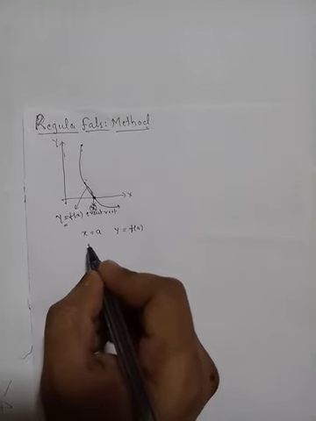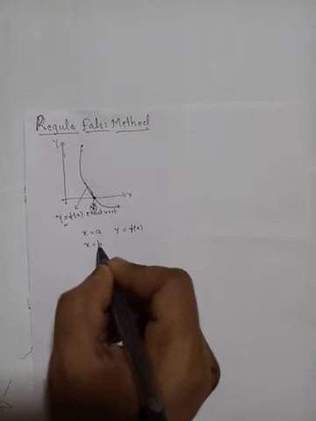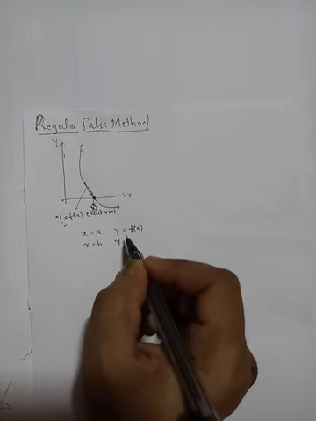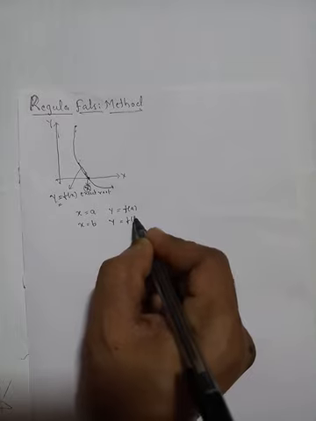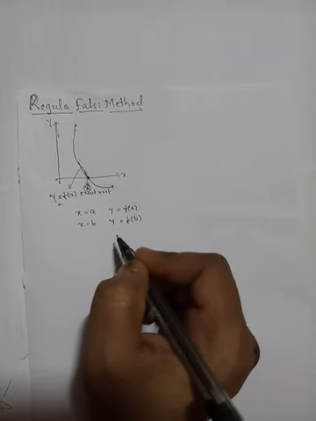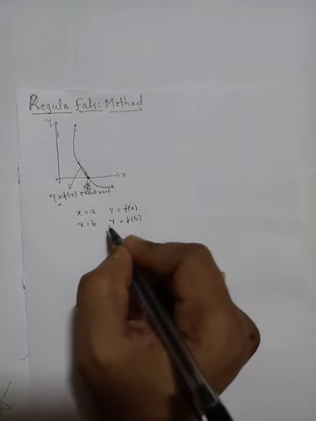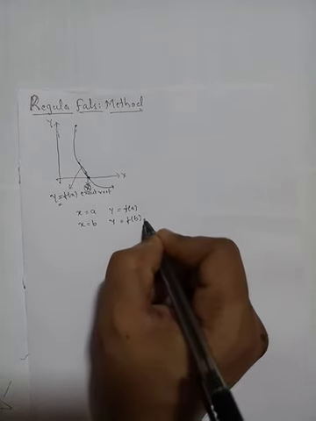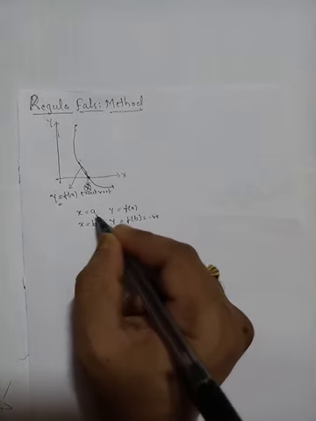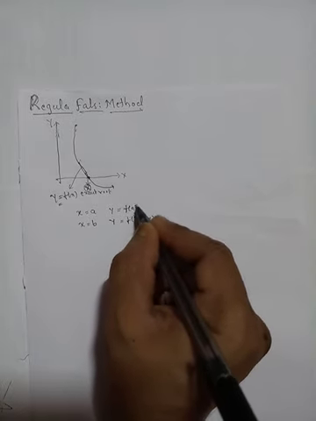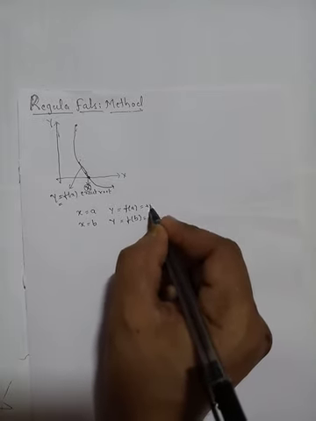Now we take another value of x, that is b, and we get the value of y as f of b. We assume that at one value of x the value of the function is negative, and at the other value of x the value of the function y is positive.